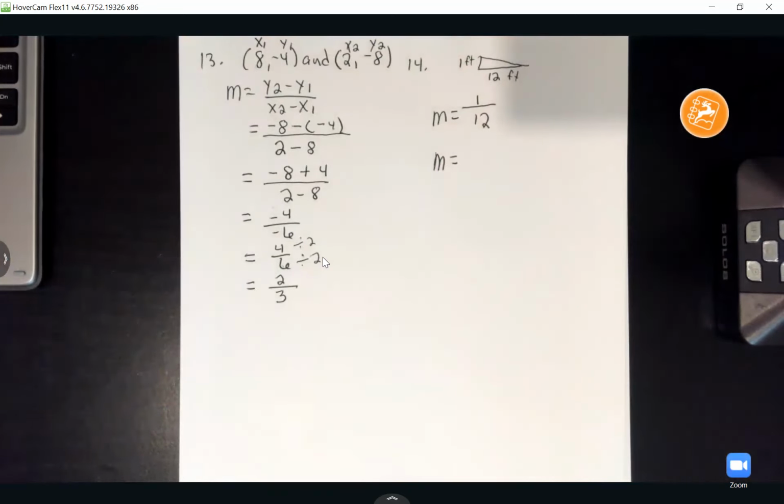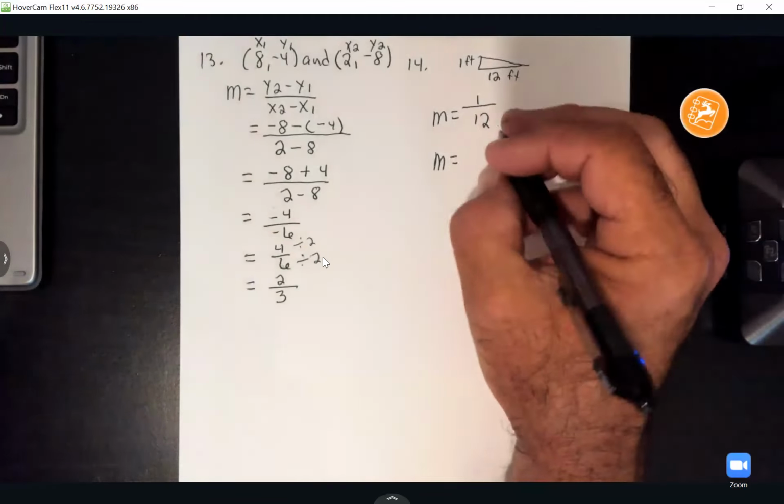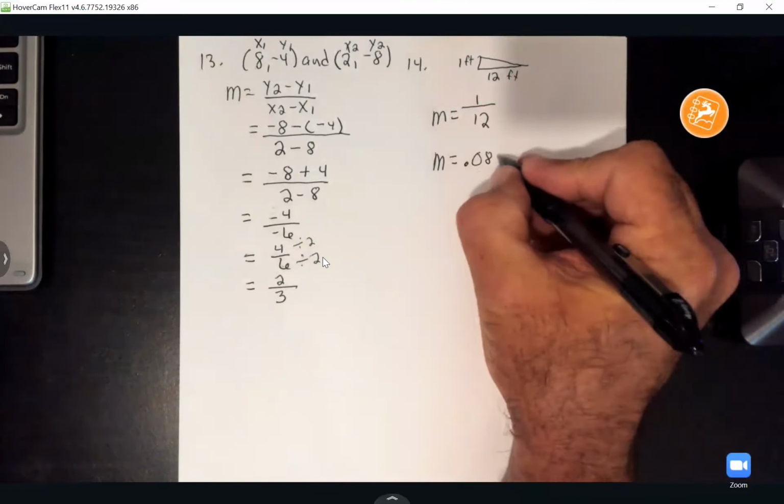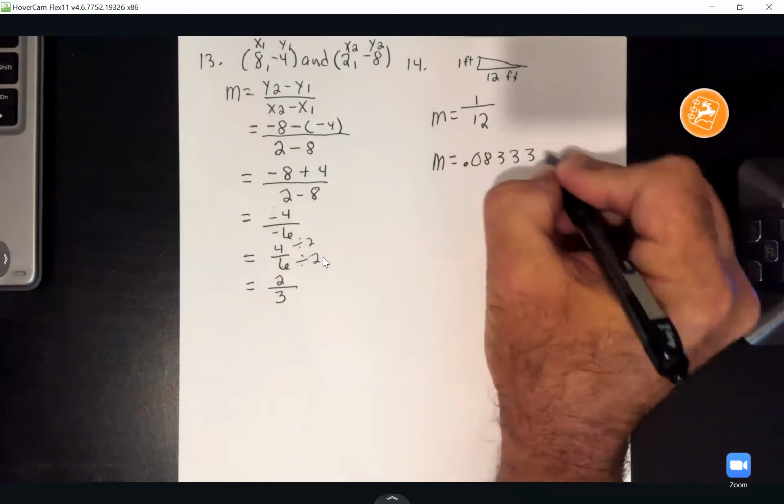So on that one, you're going to have to divide that on your calculator, and it's going to give you a decimal. So you would do 1 divided by 12 on that. Y'all, if I divide 1 by 12, I get a 0.08, and then 3's going on forever.